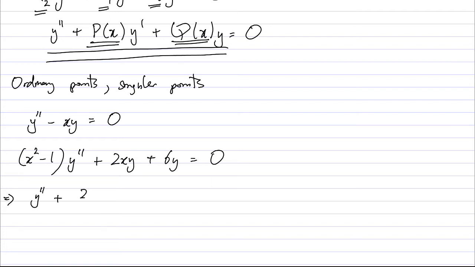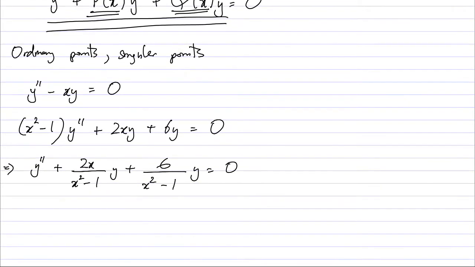So you get this, and then you immediately see that p of x can be represented by a power series. It's nice and continuous, except that it blows up at the points x equals plus or minus 1, and the same for q of x.